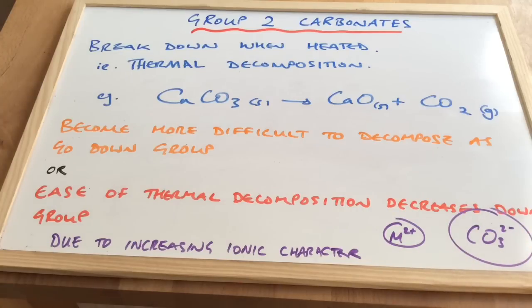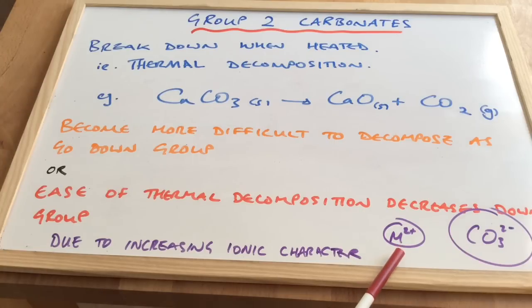So if you think about the ion at the very top of the group, so that would be beryllium carbonate, you've got a tiny little Be2+ ion, which is very highly polarizing, and therefore it can sort of distort the electron density and make it oval shaped there, and that gives it some covalent character, and that weakens the attraction between the two ions and makes it slightly easier to break down.